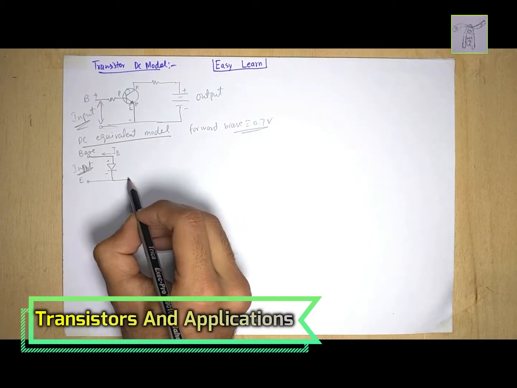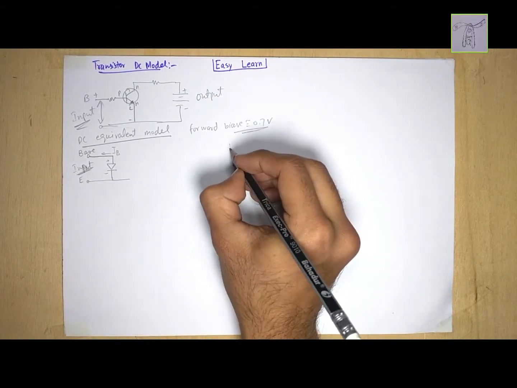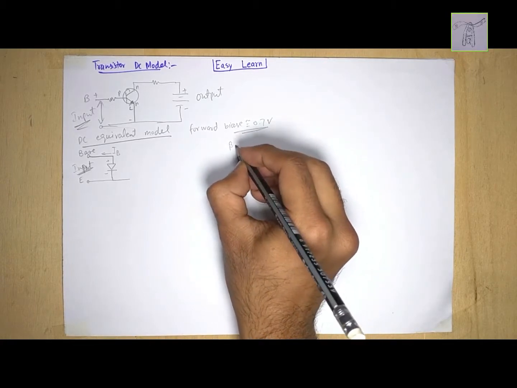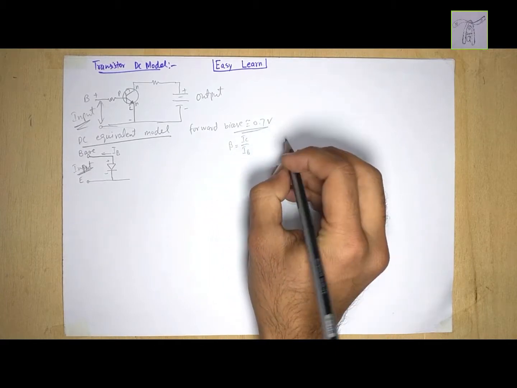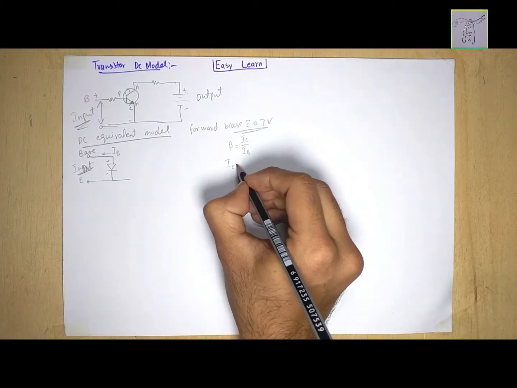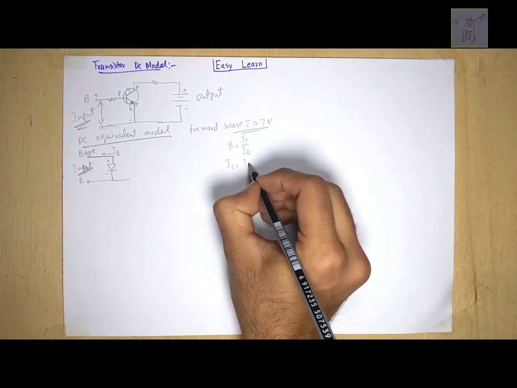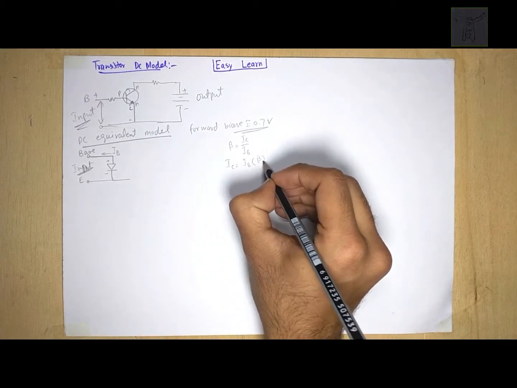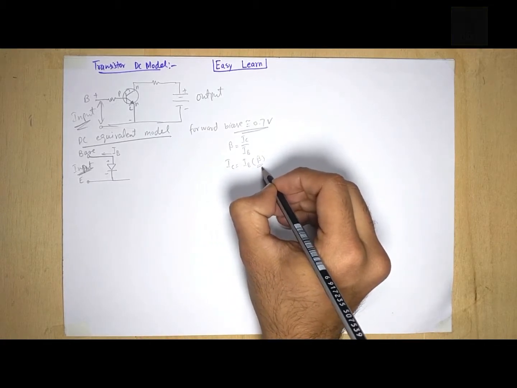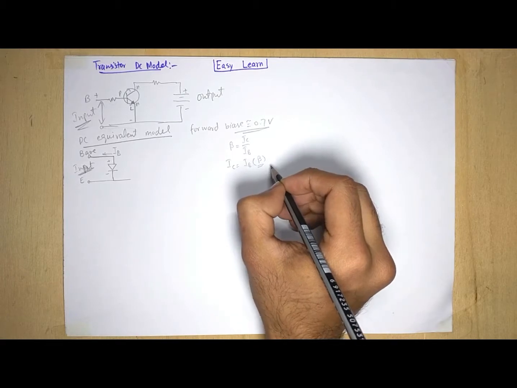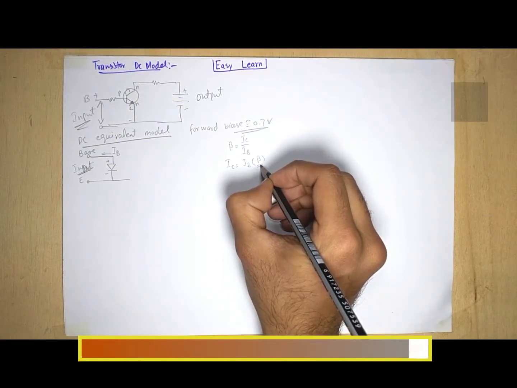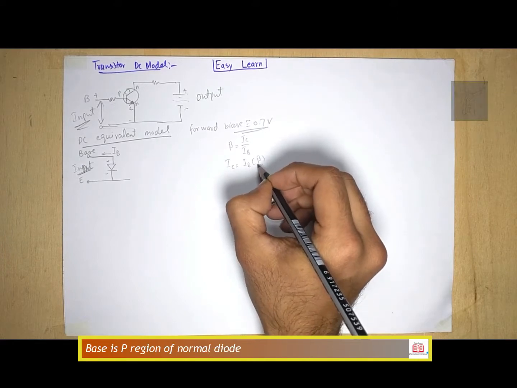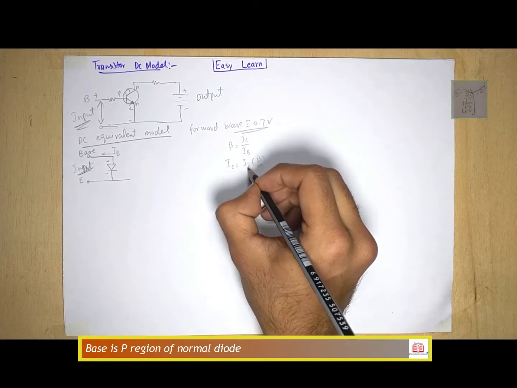Last time we discussed that DC beta, or beta DC, is equal to IC divided by IB. In other words, collector current is equal to base current multiplied by the current gain, which is mentioned on our data sheets. This means current gain depends on the base current.